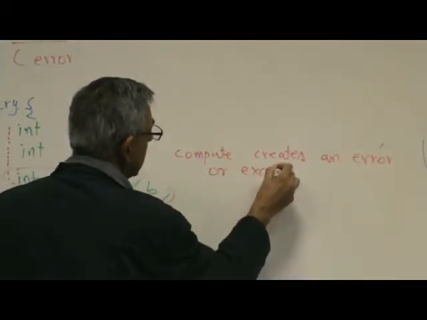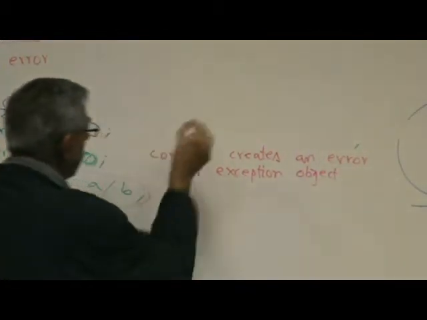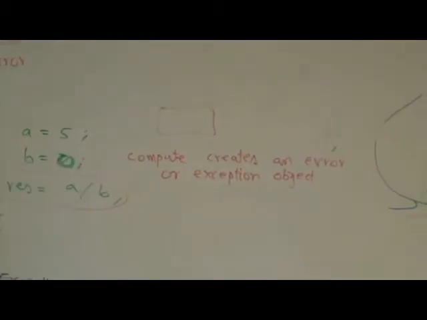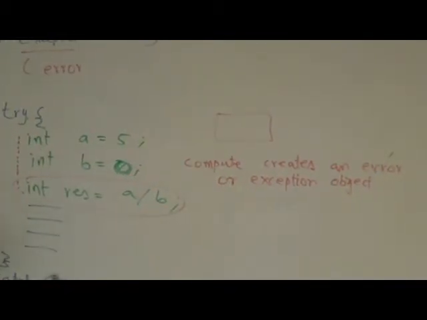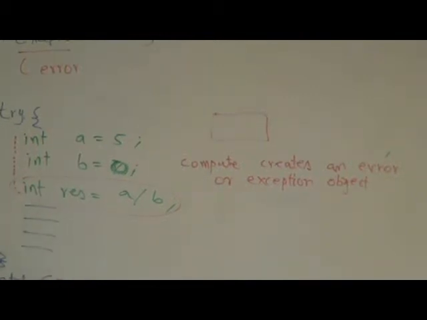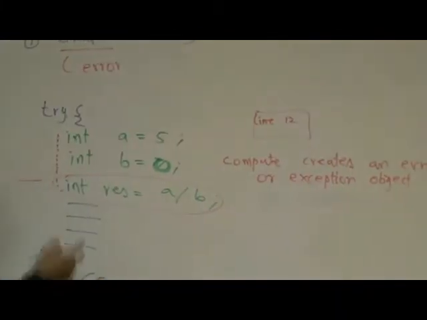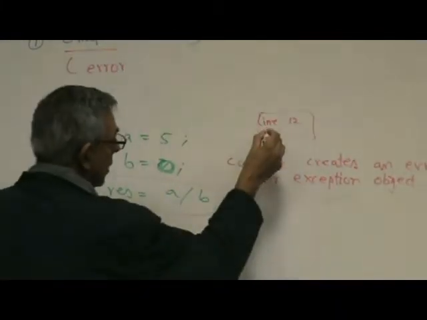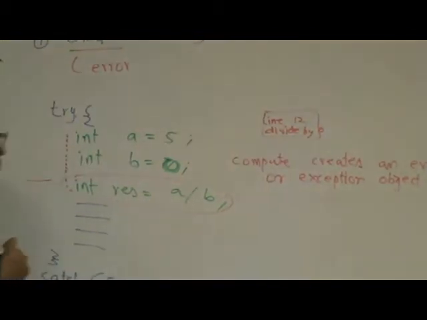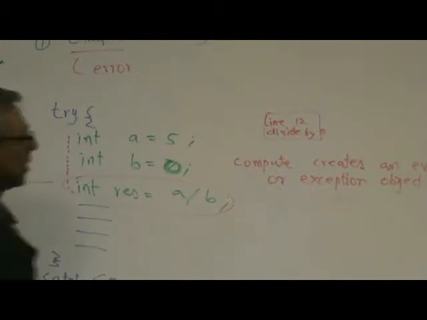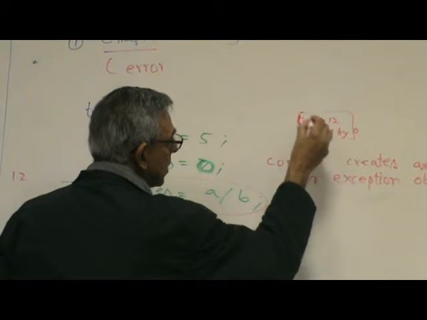Think of it like a box. So this is our error or exception object. For example, if this error occurred at line 12, it will store that the error occurred at line 12, right? What kind of error occurred? It will store some information. Divide by 0 is the type of error that occurred, right? So anyway, it stores a few more details over here, which I'll show you in a few seconds.